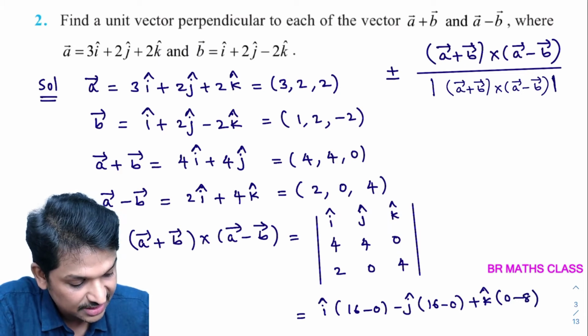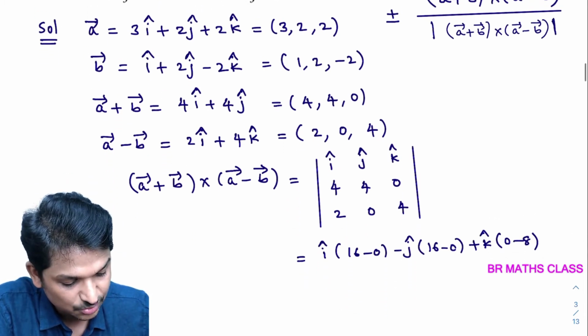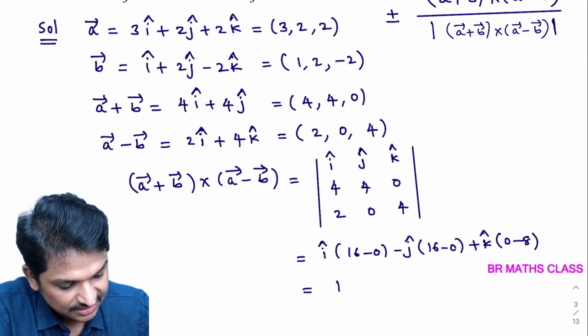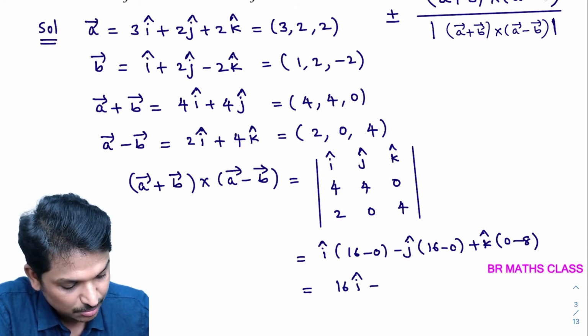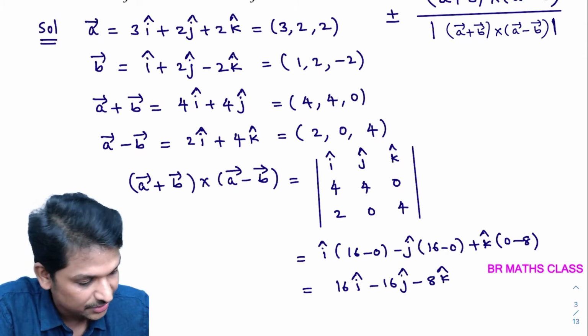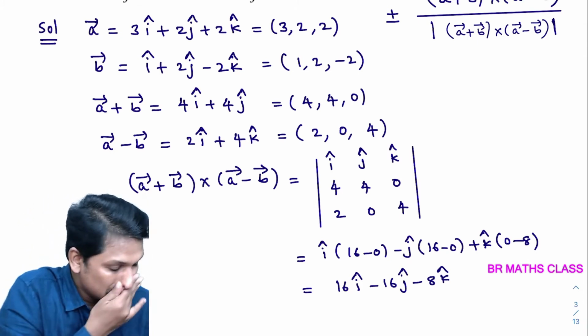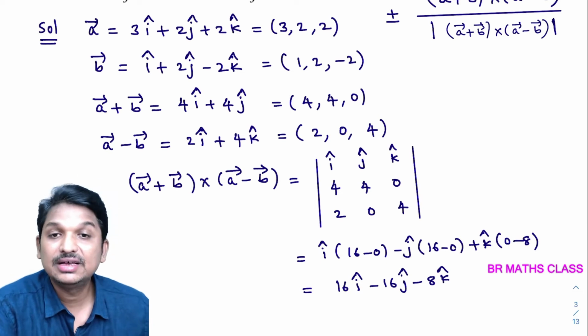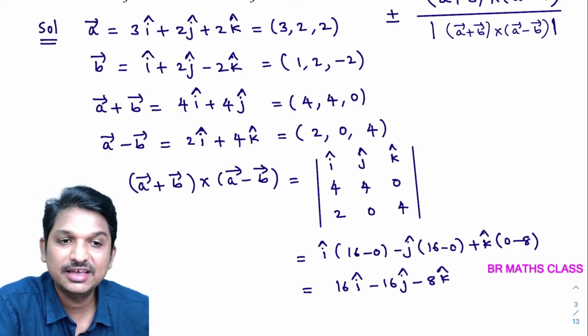So if I simplify this, I'll get 16 i cap minus 16 j cap minus 8 k cap. So this is A bar plus B bar cross A bar minus B bar.